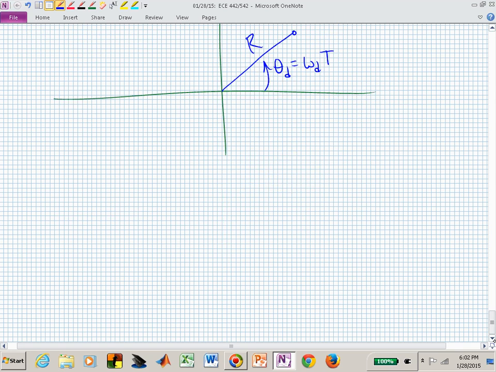Let's now make one more observation, and that's relative to this rule of thumb that I've continued to talk about, and that is, where does this capital T come from? What's our sample period?